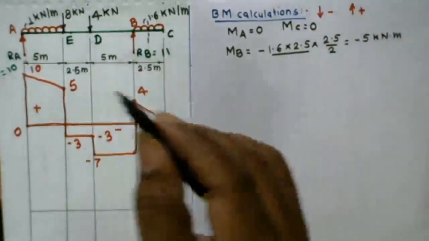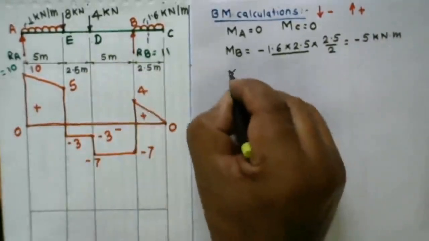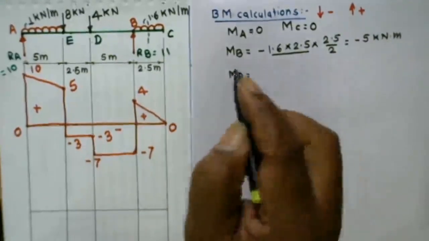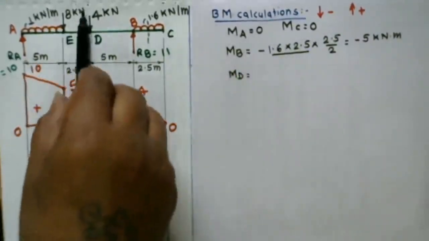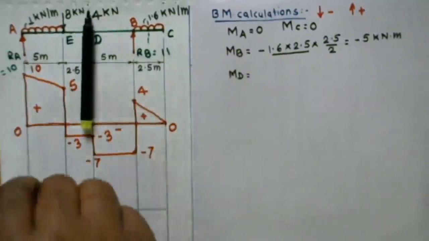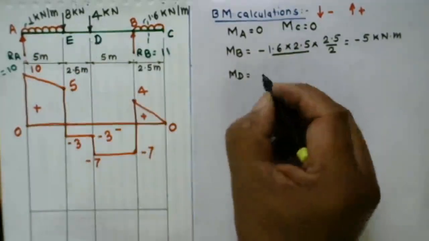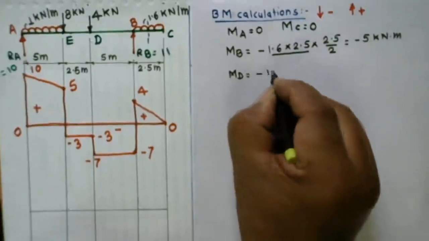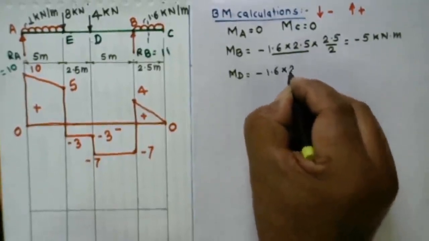Next point is D. Now we have to take the section at point D. If I take the section at point D in this manner, on the right hand side I am getting RB and the UDL only. First I am considering the UDL, minus 1.6 into 2.5.